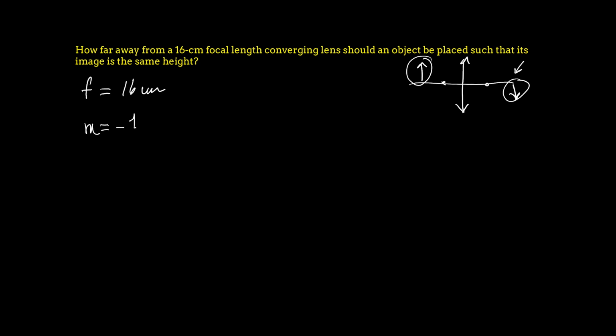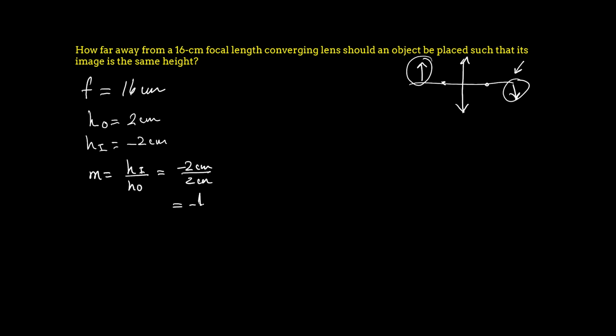If we're not sure about this, let's just take a number. If HO is 2 centimeters, HI has to be negative 2 centimeters, the same height, but one is pointing up, one is pointing down. So the magnification is HI over HO, negative 2 centimeters over 2 centimeters, or just negative 1.